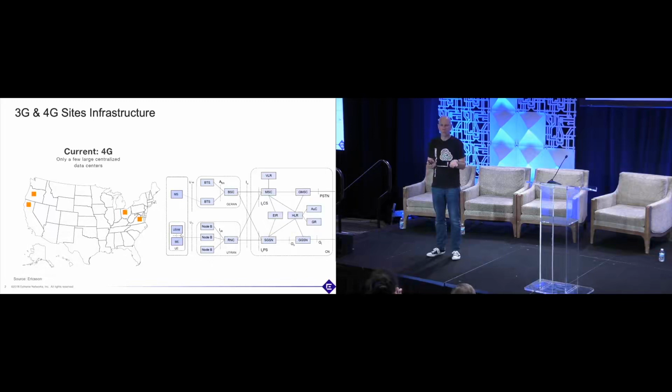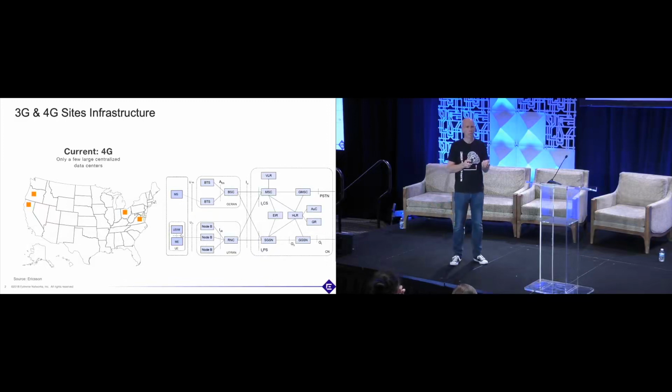I'm not going to spend a lot of time on this one. I just want to set the stage here for my next 30 minutes. So basically, what I'm going to talk about is why there are some key requirements for the transport network in 5G.